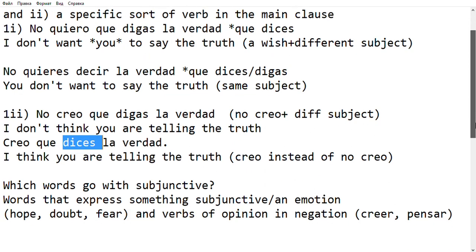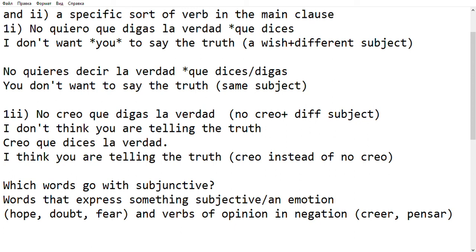So now it's time to look at which verbs use the subjunctive. First of all, I have a big group of verbs. Verbs like dudar, temer, that show some emotion, something subjective. I wrote here something subjunctive, but I meant to write something subjective, of course. So, like hope, doubt, fear.